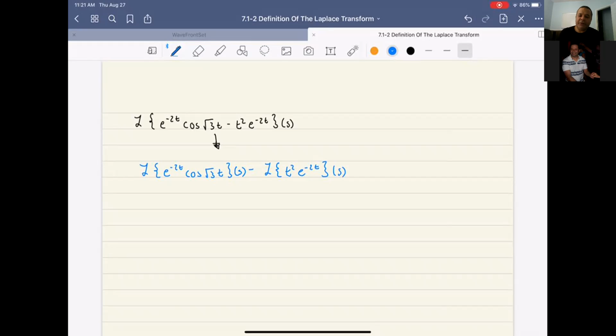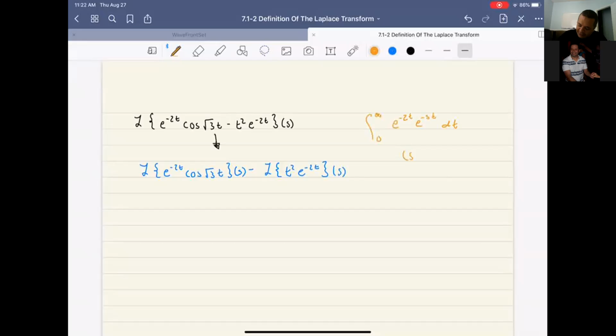Now, we're going to have to find what condition we need on s first. So let's take, for example, the integral from 0 to infinity of e to the negative 2t e to the negative st dt.